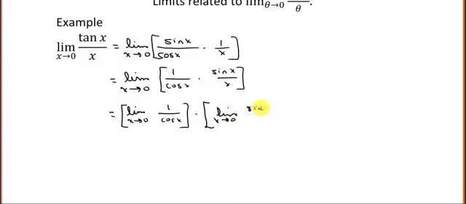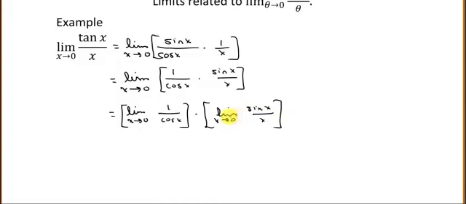Now we have the product of two expressions, so assuming the limits exist, I can take the limits separately and multiply them. So this would be the limit as x approaches 0 of 1 over cosine of x times the limit as x approaches 0 of sine of x over x.